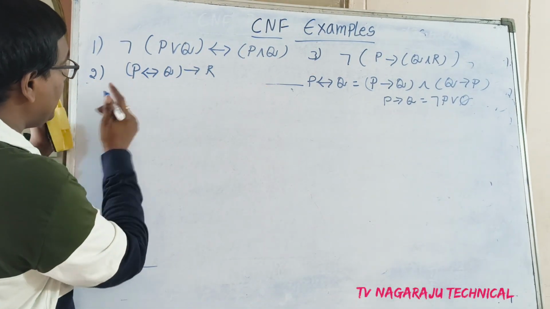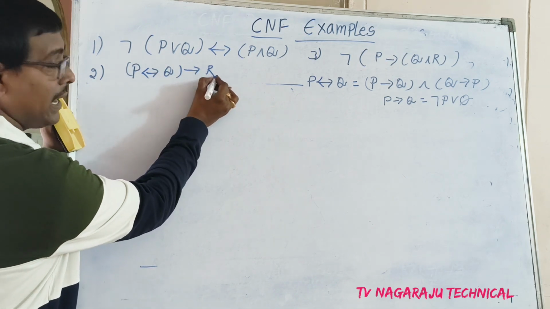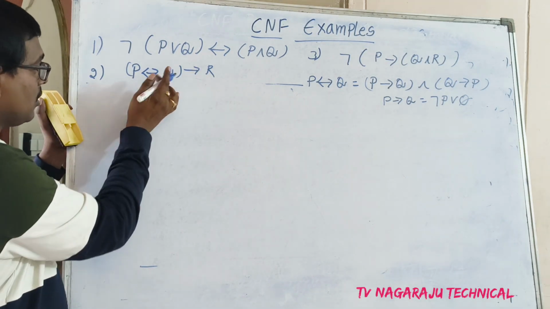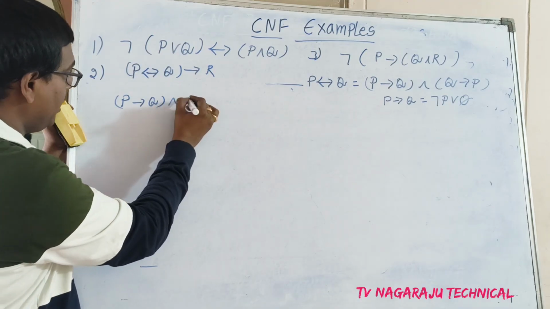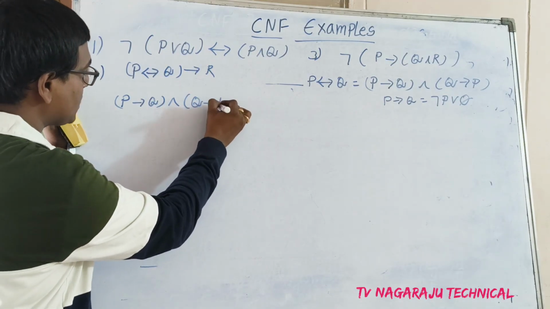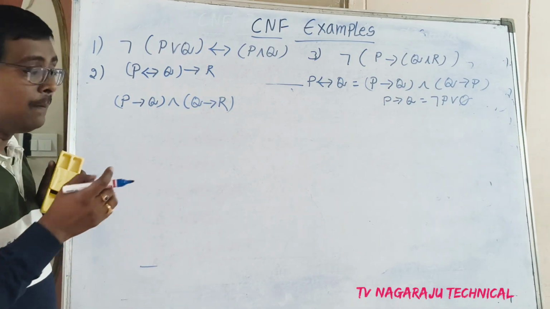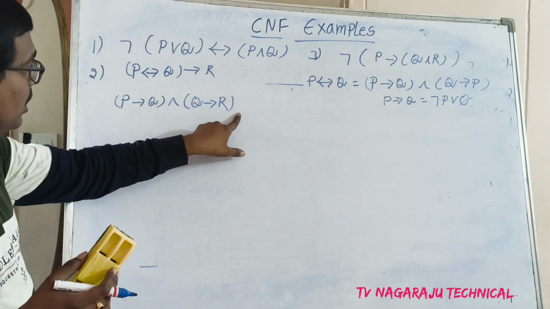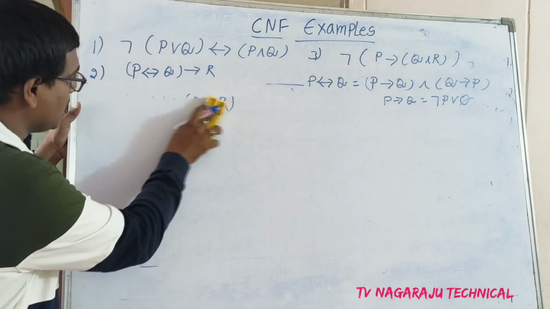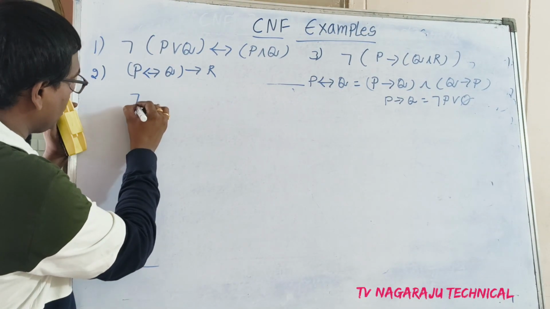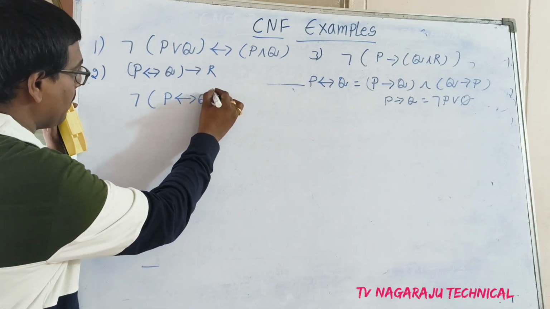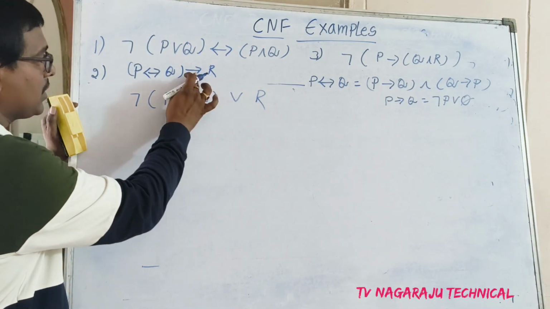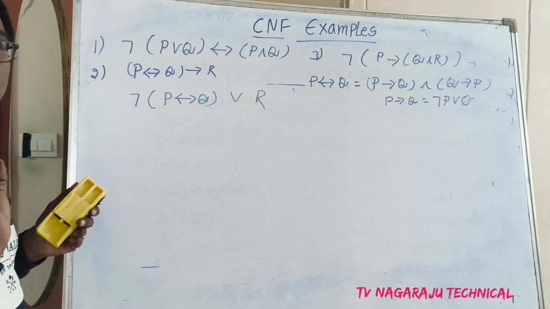Second one: P implies Q, implies R. So first P implies Q and Q implies R. Or else, to simplify, you can use it like this also: negation of P implies Q, or R. First I am reducing the implication.